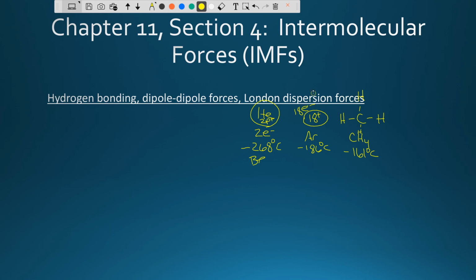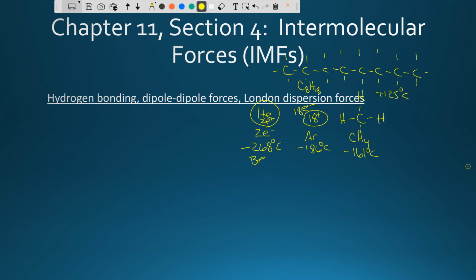If I look at something even more complex, like C8H18, I would have 8 carbons, and all these are hydrogens. Look at all the different opportunities for electrons to get stacked up. With way more electrons, its boiling point is positive 125 degrees Celsius.